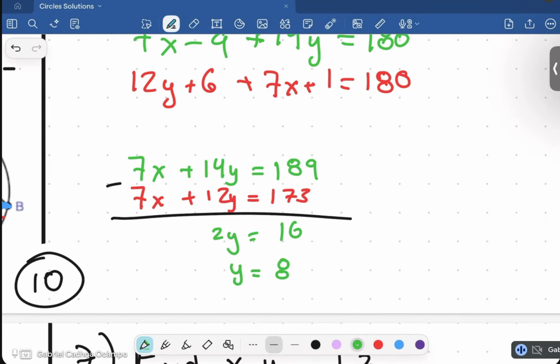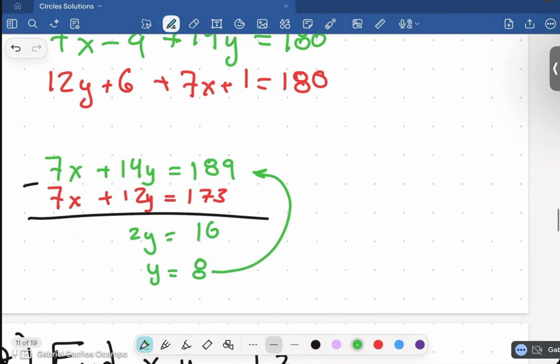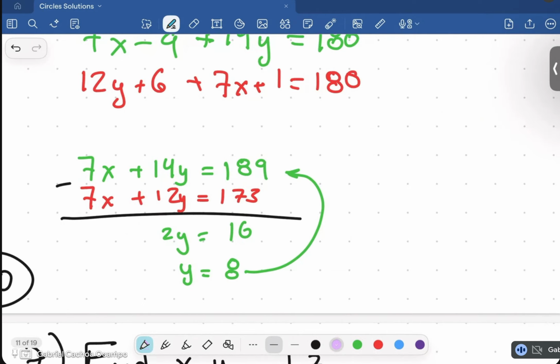If I plug back in the y equals 8 in, let's say, here, then I'm going to write here like 7x plus 14 times 8 equals 189. 14 times 8 is 112.